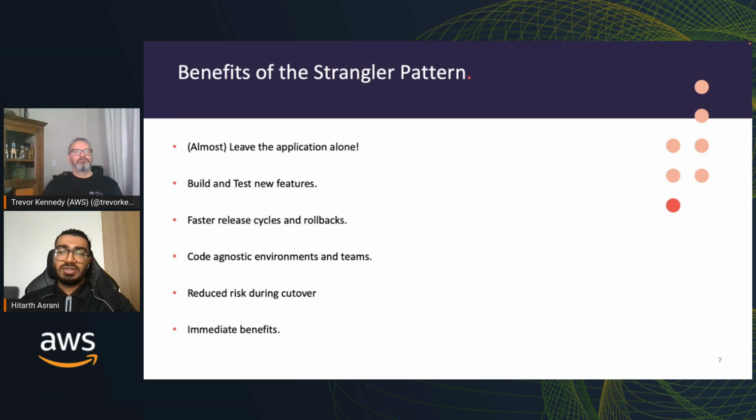But because you're building new features separately and keeping them independent of a lot of the monolith, because that's how microservices work, you get code agnostic environments and code agnostic teams. So one team could be working in Node.js, while the other team could work in some other language that they prefer, and they could have slightly different schemas.